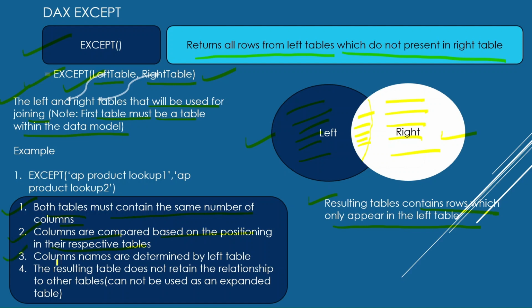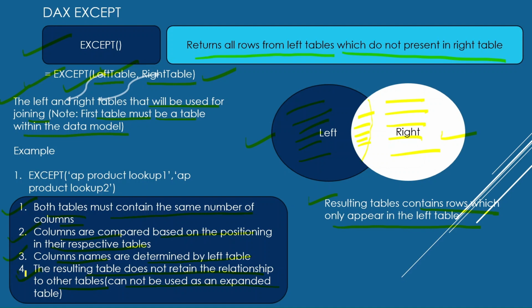The third point is that column names are determined by the left table. So the EXCEPT function will consider the column names present in the left hand side table, means this table. The resulting table does not retain the relationships of the other table and cannot be used as an expanded table.